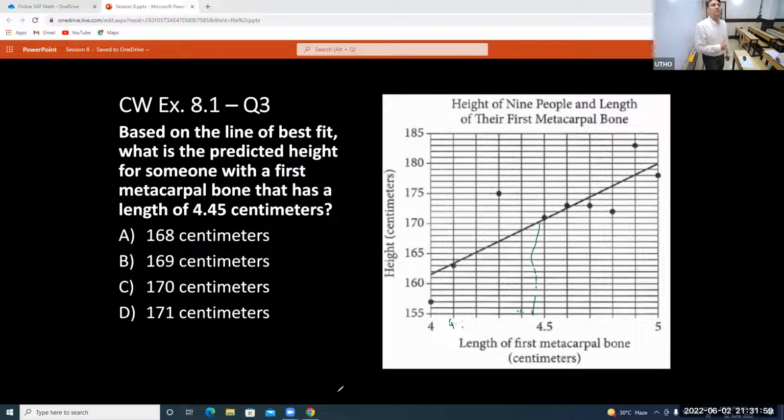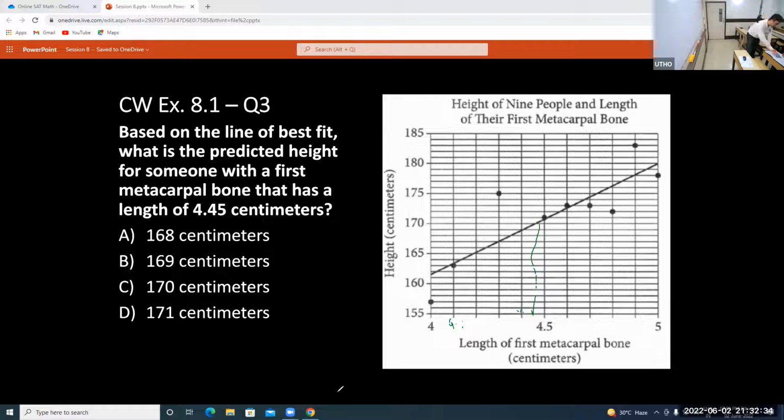So basically the best answer is option C, 170. आपको 168 कैसे मिला? 168 is intersecting this line somewhere before 4.4. So the answer is 170 centimeters. 4.4 and 4.5 के बीच में आएगा, 4.45 है ना?